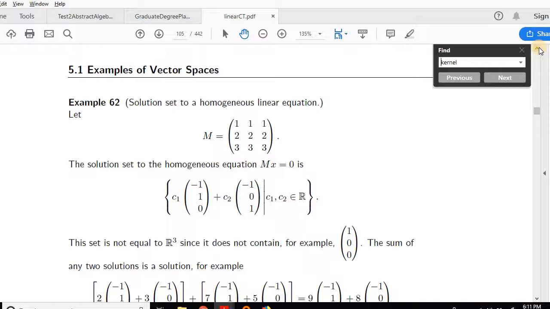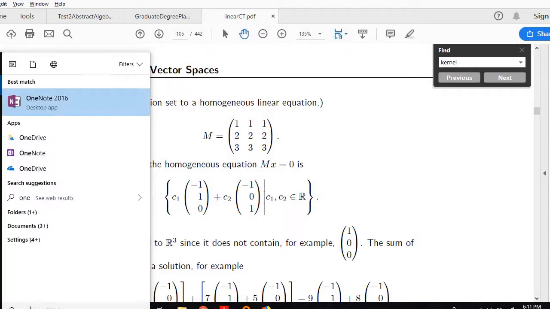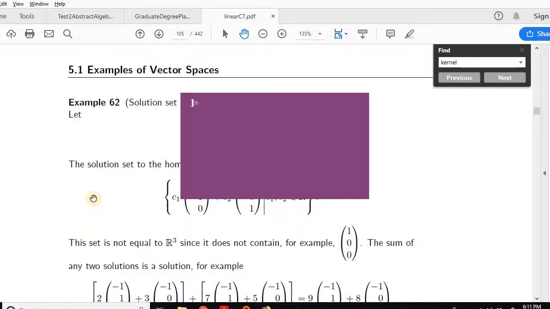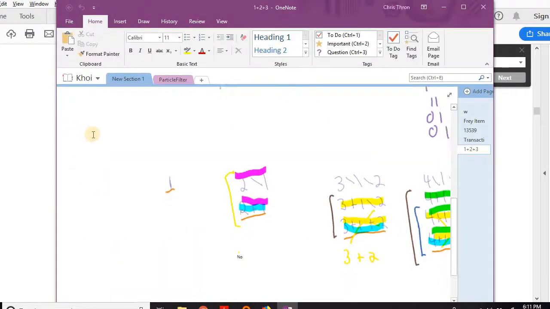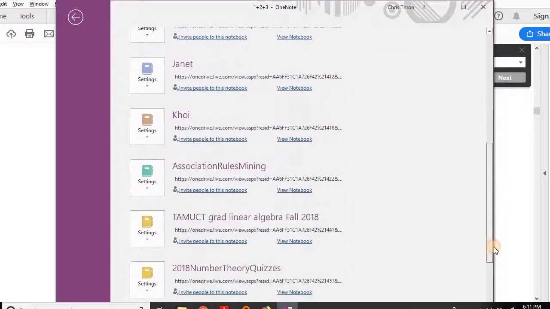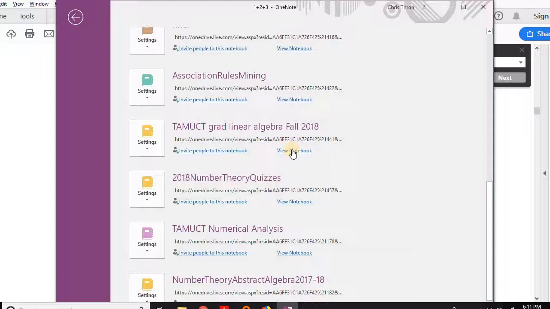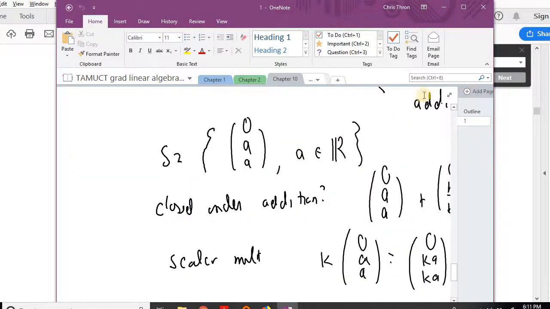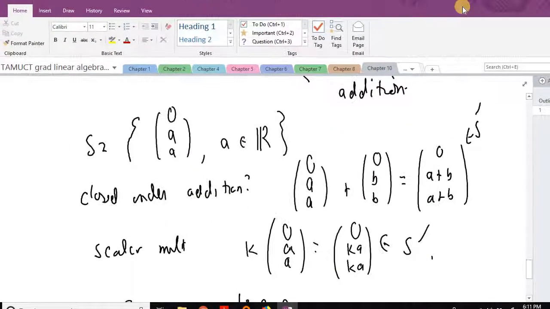All right. Well, let's go ahead and use our OneNote. We'll get linear algebra up here, and let's make this big.